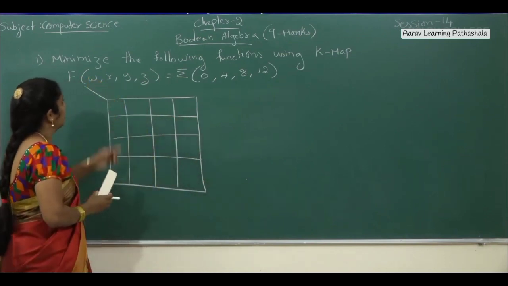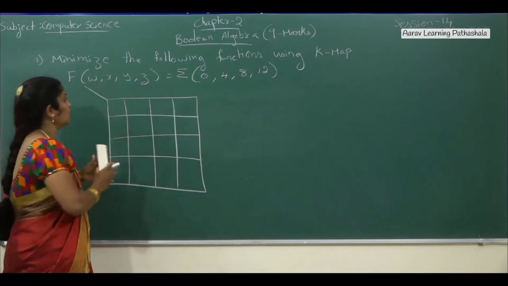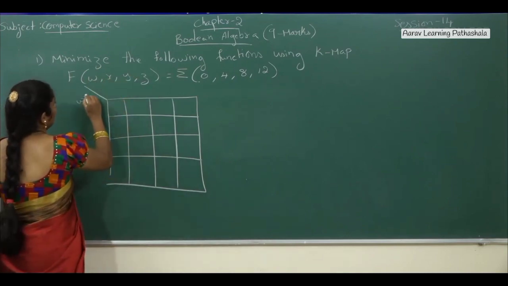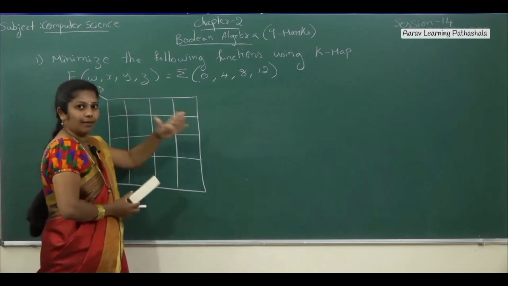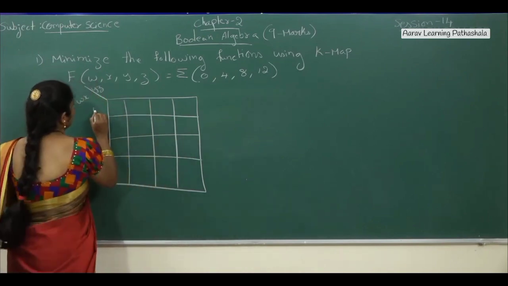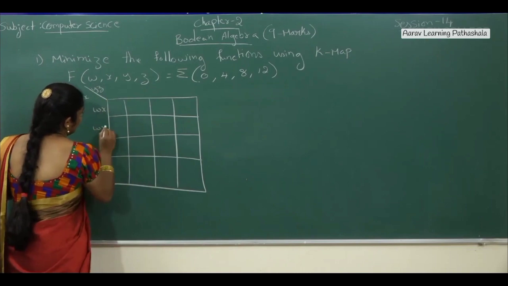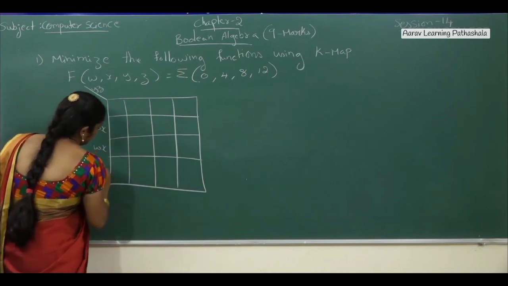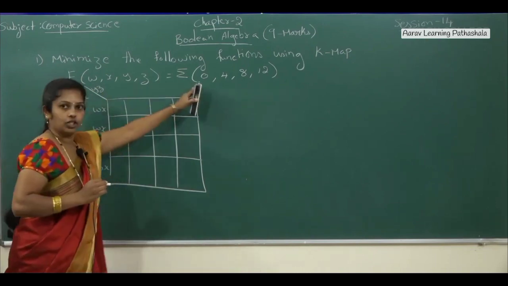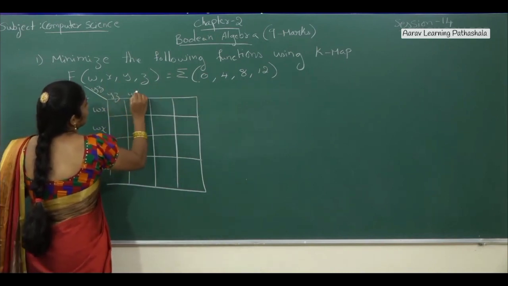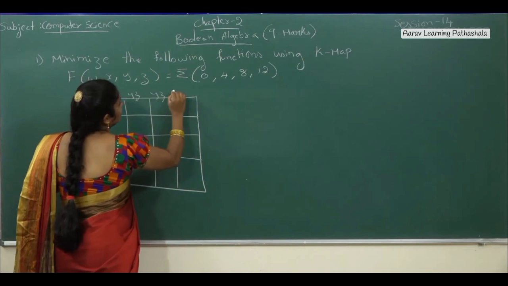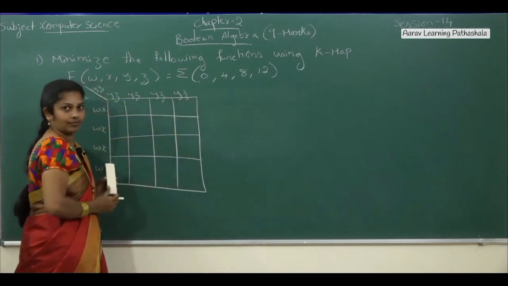Make 2 parts, wx as well as yz. Here I will write wx and here I will write yz. First write down the variables as they are, for your convenience. wx, wx, wx, wx, and row-wise also write down yz, yz, yz, yz.